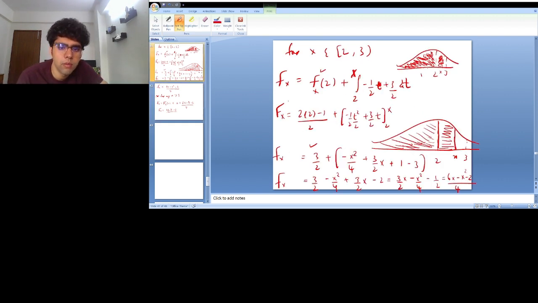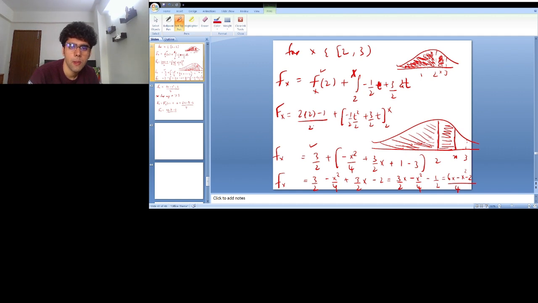I have made a mistake in my calculation. Wait, let me just check. Minus 2, 3 by 2 minus 2, so 2 into 4 minus 4. Have I made some kind of mistake? Yeah, wait, let me just check. 3 by 2 minus 4 divided by 4 minus 1 plus 1, 3 by 2 into 2 becomes 3, and this is minus x square by 4, and this is 3 by 2.